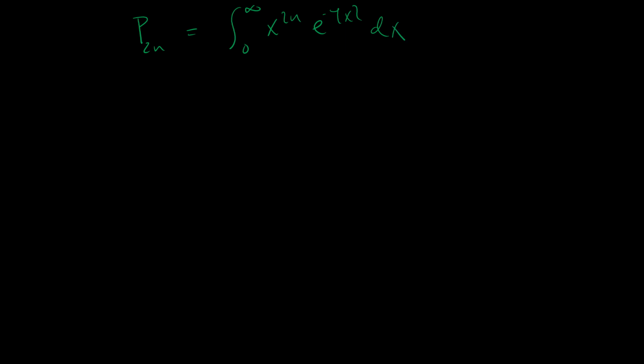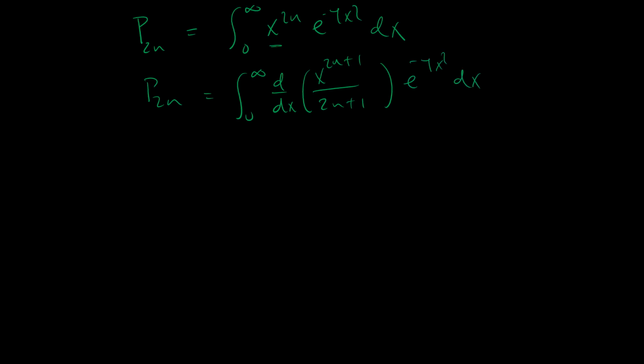Okay, how can we re-express that? We can re-express this part as a derivative, right? And you can see where I'm trying to go. I'm trying to go to integration by parts. So this is the same as the derivative of x to the power 2n plus 1 over 2n plus 1, right? And then e. And we're going to use integration by parts, which we know, again, this is another sidebar of a sidebar.